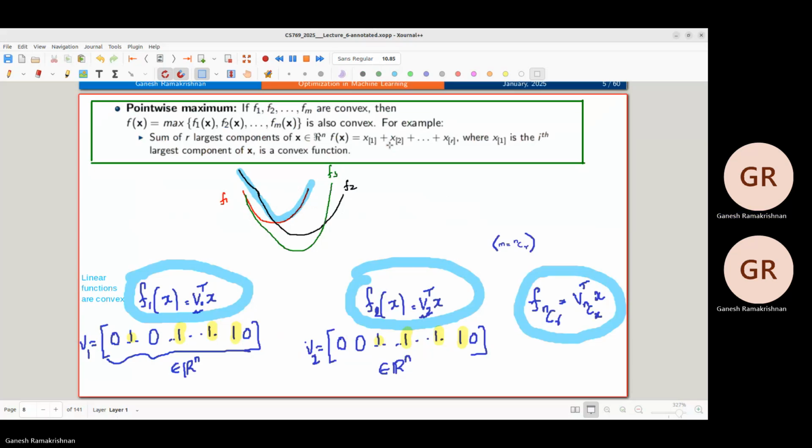So what we are trying to say is that the sum of the r largest components of x is the max over the sums of r random components of x, where the maximum is taken over all such vectors. Is this clear?